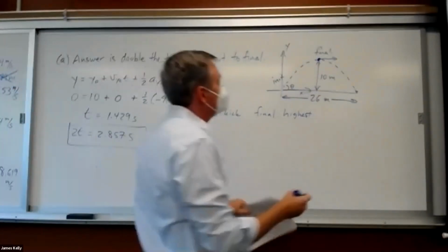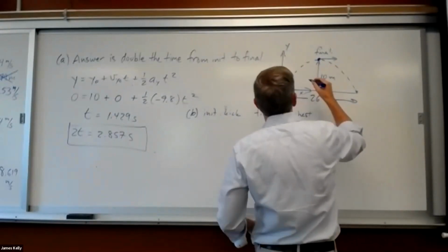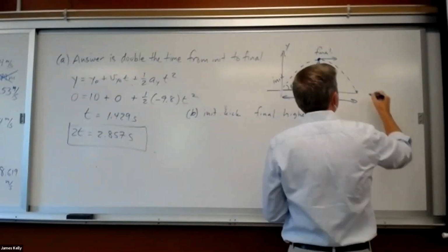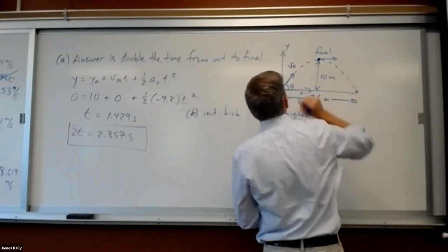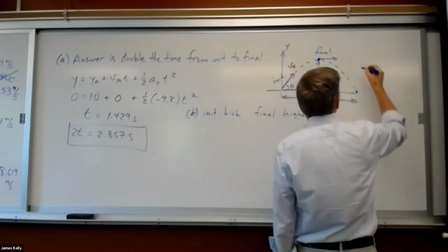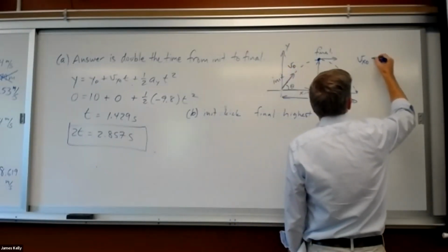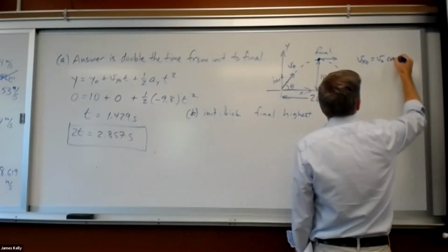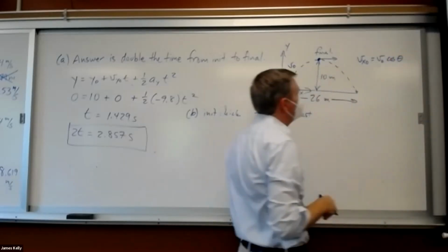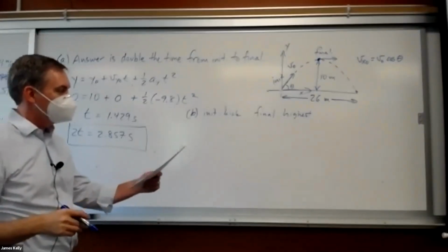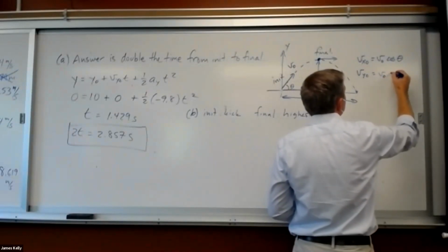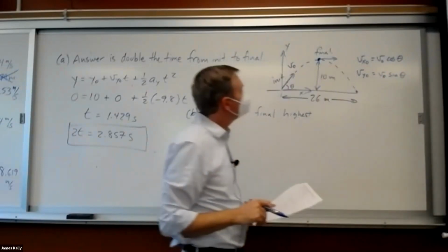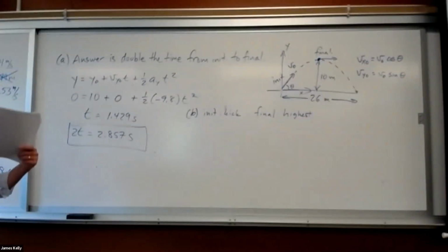So if I imagine holding my breath and saying, I don't know what speed it was kicked with, but let's say the speed is V0, then just like we've done before, Vx0 is going to be V0 times the cosine of that unknown theta, and theta is what we're asked for here in B. Similarly, Vy0 is V0 times the sine of theta. And I'm just going to plug those in and hope that somehow I can get my theta out of here.